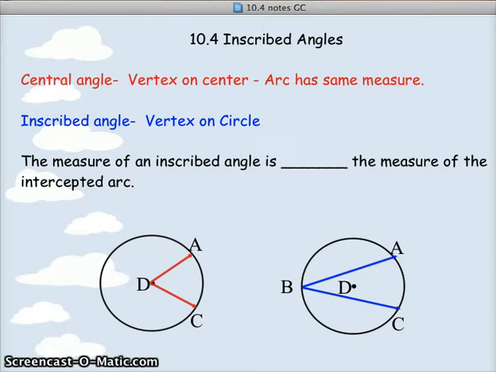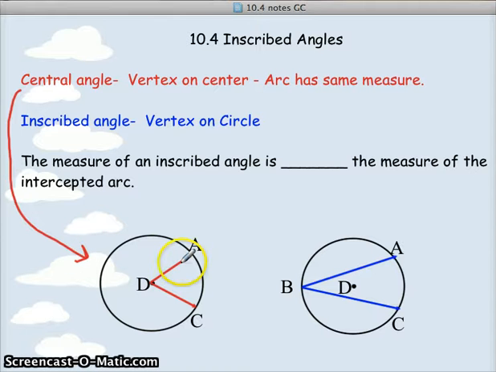Okay, the first thing we're going to talk about is the difference between central angles and inscribed angles. Up here in red, it says a central angle is when you have a vertex on the center of the circle. And when that happens, the arc will have the same measure. An example of that would be down here.